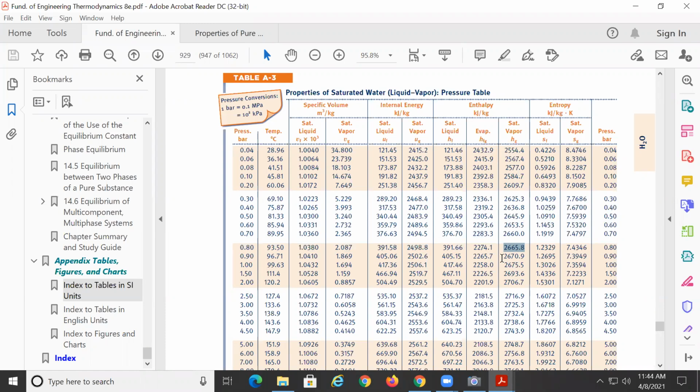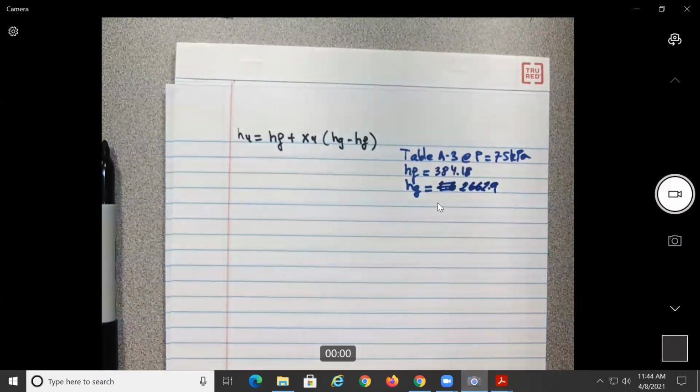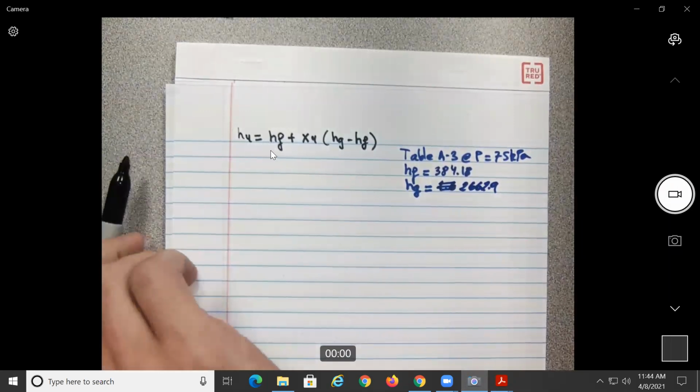Sorry, so it should be 2,000, give me a value, would be 2,000 what? 2,662.9. Yes. Okay. So now we can substitute into H4.